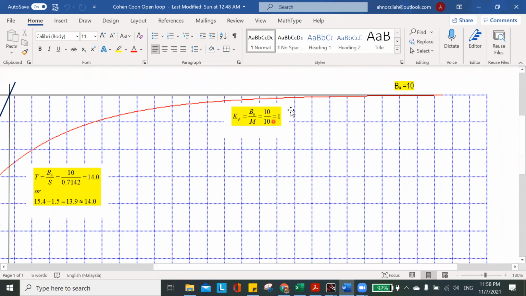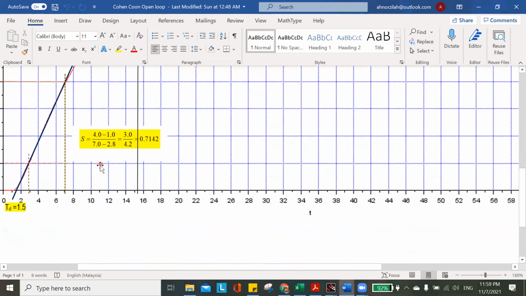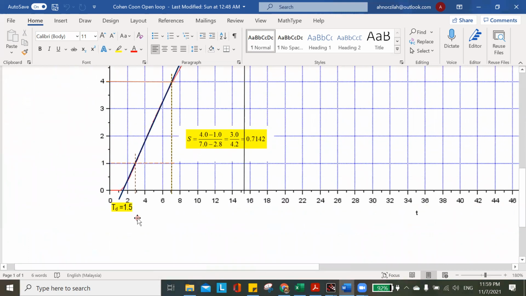So 10 over 10, I get 1. So we have BU steady state. We already got the value of KP, value of capital T, M value, S the slope, and also TD. So you use these values to determine the value of KC.